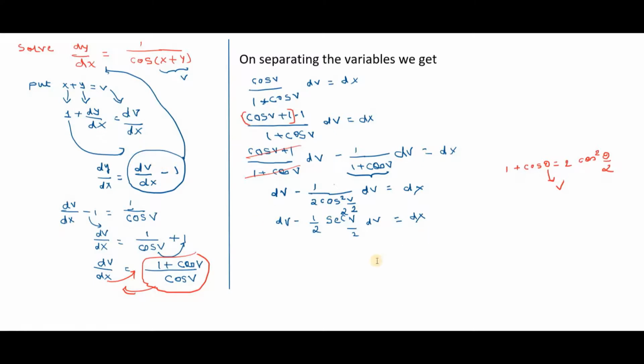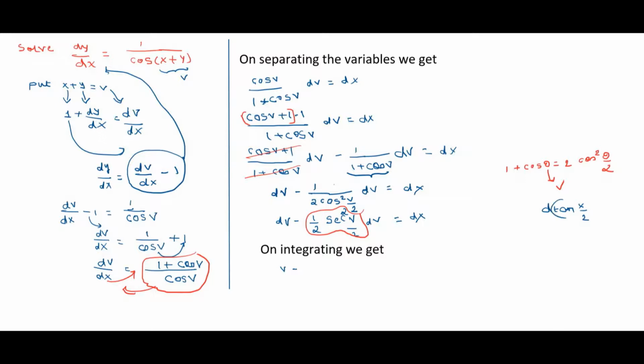Now on integrating, what is the integration of dv? Integration of dv is v minus, what is the integration of 1 by 2 sec square v by 2? Sorry, what is the differentiation of tan x by 2?